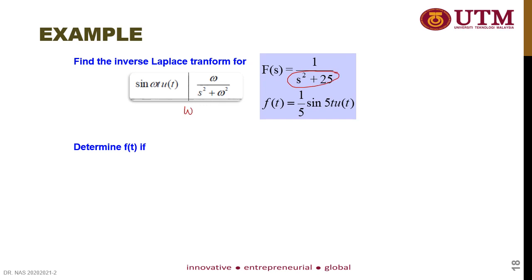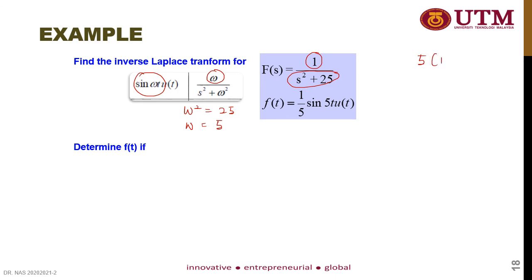In this case, omega squared equal to 25, so you know your omega equal to 5. Okay, so to get sin function, the equation must have omega on top, but your equation has 1 on top, meaning that you need to multiply the equation by 5 for omega.